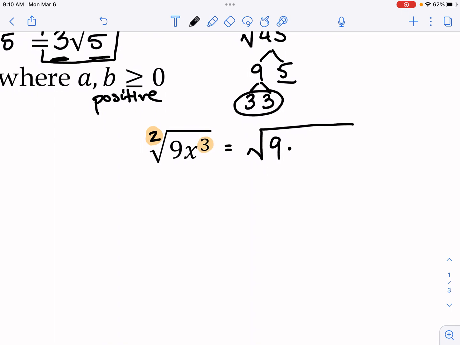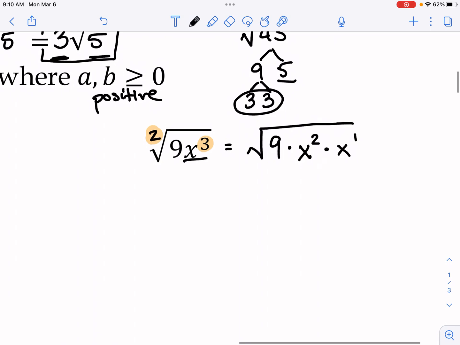It can go in once. So I'm going to write one term here, and 2 times 1 is 2. And if 2 goes into 3 once, there is a remainder of 1. So I'm going to put another product as x. You can think of this as to the first power. And we know that x squared times x to the first power does equal x to the third power.